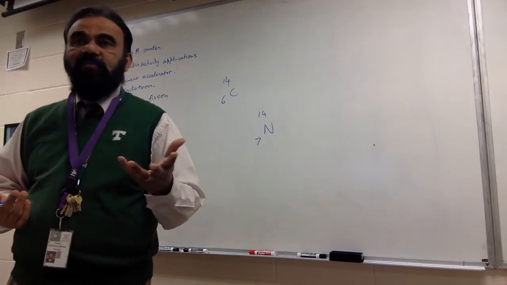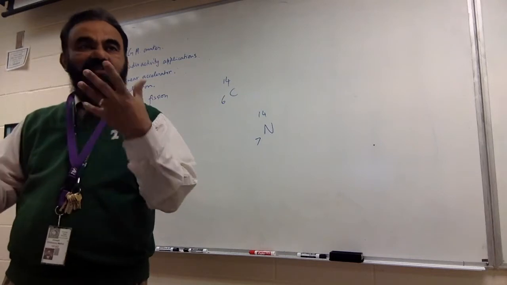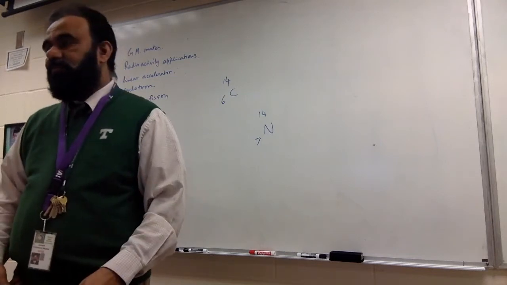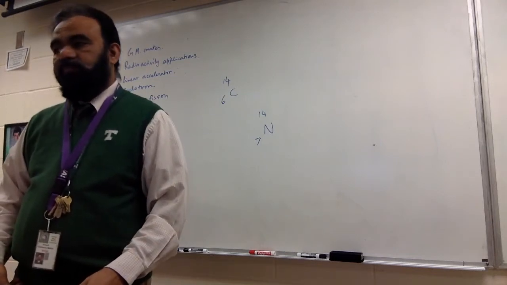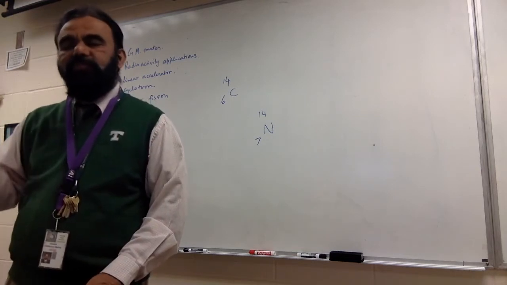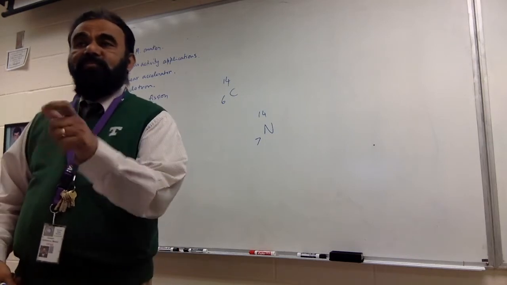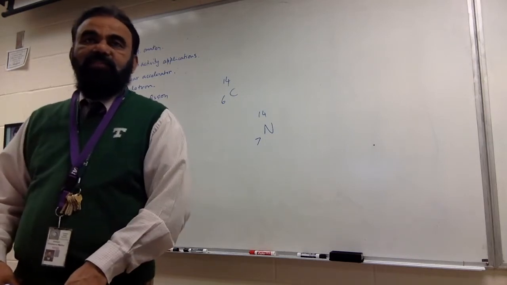Our sun is a continuous nuclear fusion reactor. Continuously, there is nuclear fusion going on. And the byproducts of these things are neutrons, even if it's fission or fusion.